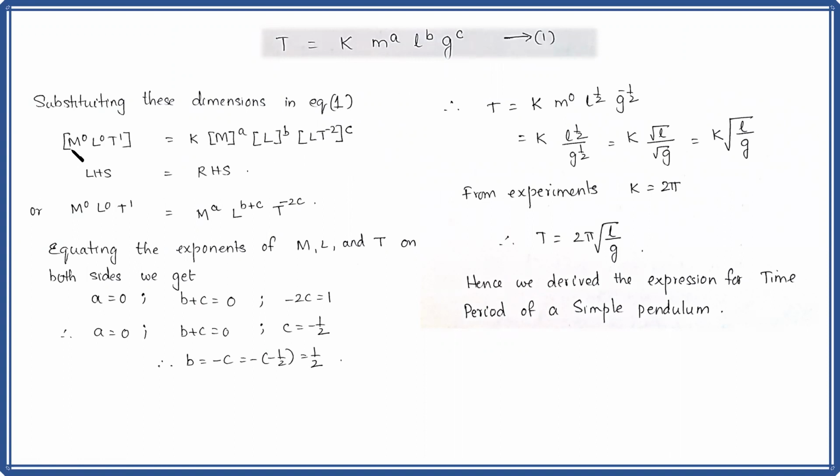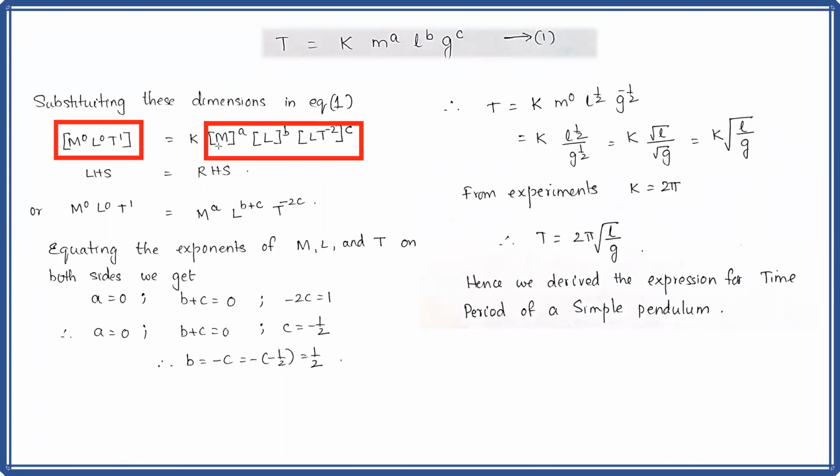We will substitute LHS. As you all know, LHS means only time period. So these are the dimensions. Already we have seen M0, L0, T1. RHS, constant. For constant, we don't have dimensions. Therefore, for the mass, we have already seen M, and for length we have seen it is L, and for acceleration due to gravity, LT minus 2.